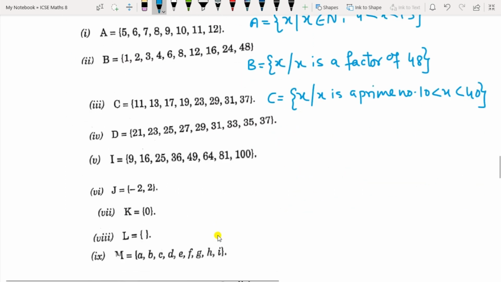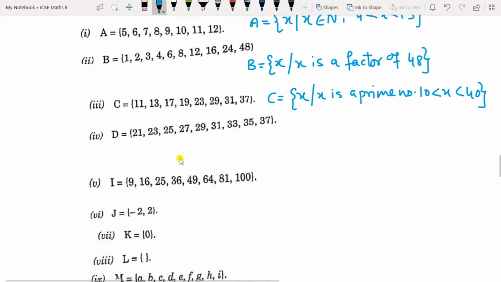Then comes D. D equal to 21, 23, 25, all this is given, up to 37. So D equal to x such that these are all odd numbers. So x is odd numbers between 20 to 40. Not 40 because 39 is not included in this, so that cannot be taken.